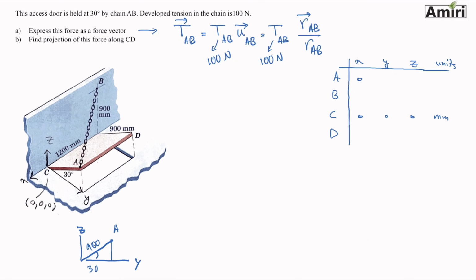So in Y, it has moved 900 cosine 30. In the Z direction, it has moved 900 sine 30.